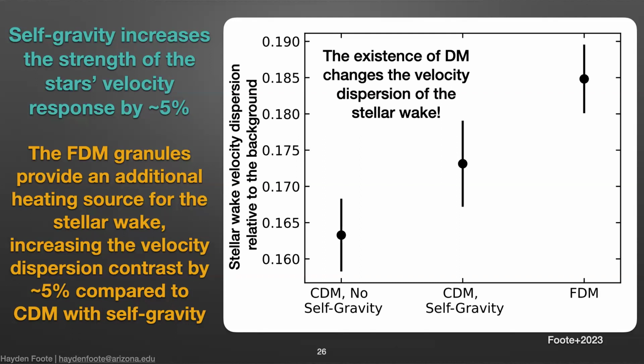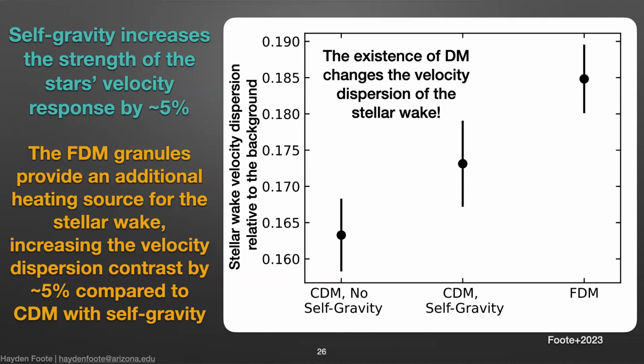The problem is not measuring the velocity dispersion inside the wake, it's measuring the velocity dispersion outside the wake. Because the real halo is not this very smooth spherical collection of stars. There's a lot of structure, the SMC messes with things, there are stellar streams. So that's the really hard part of that measurement: in order to get this relative measurement, you also need to know the background. The background's a little harder to get a handle on.